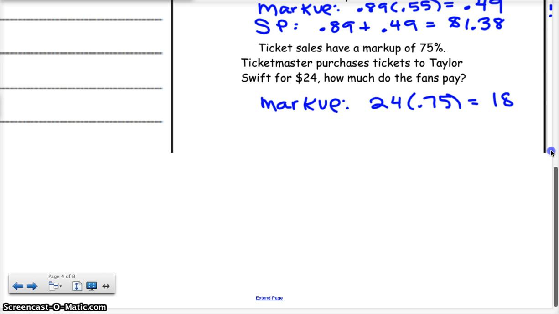So they're marking up each ticket $18. So their selling price is going to be their cost, what they paid for it, which was 24, plus their markup, $42. This does not seem realistic, does it?